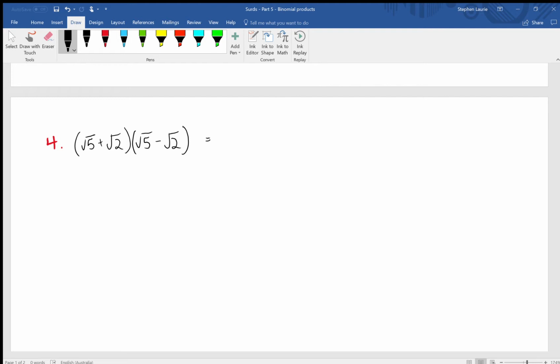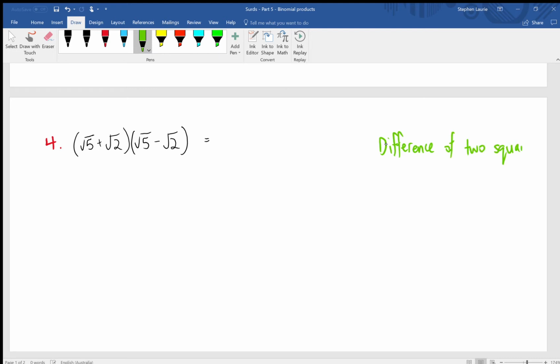Hopefully, after seeing the perfect square, you might remember that there's also the difference of two squares. That rule states, let's write that out, difference of two squares.